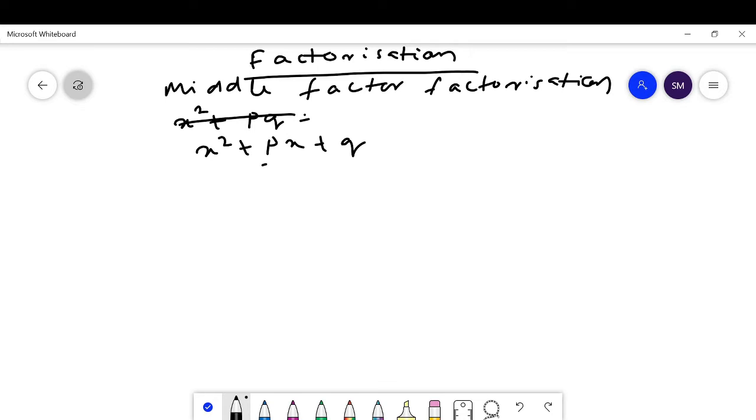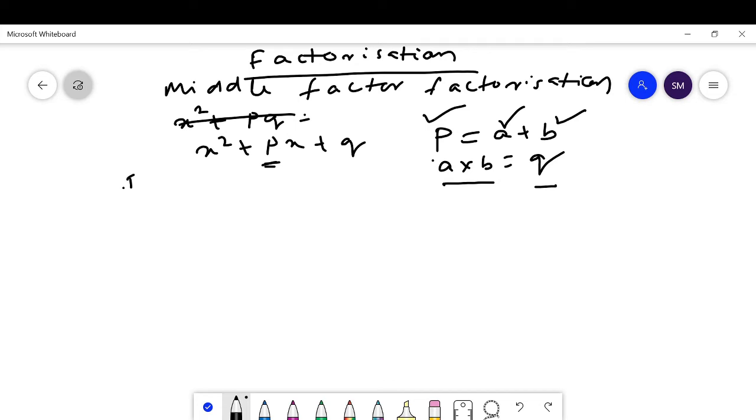Then we split the middle term p into two parts a and b such that a plus b is equal to p and a into b is equal to q.